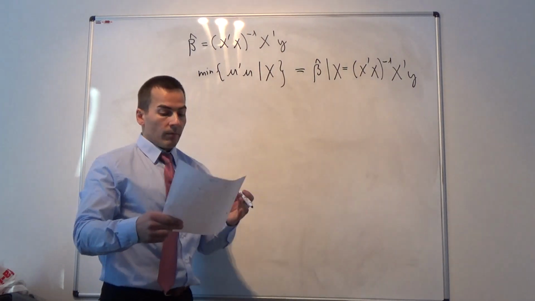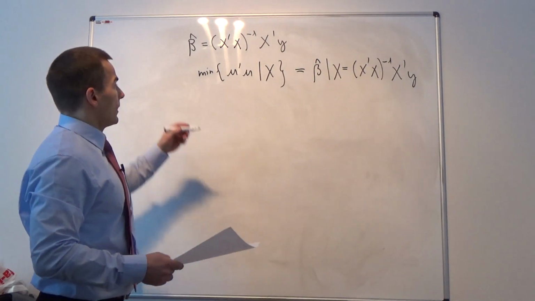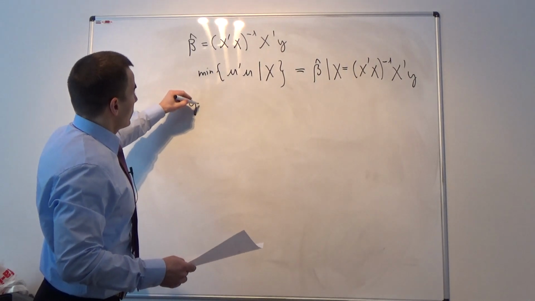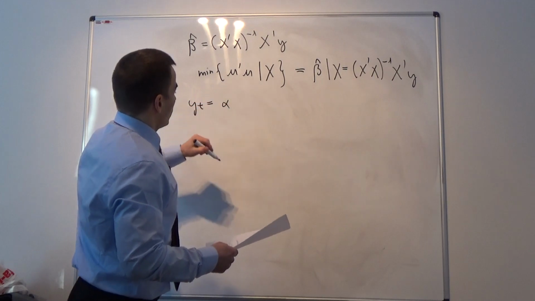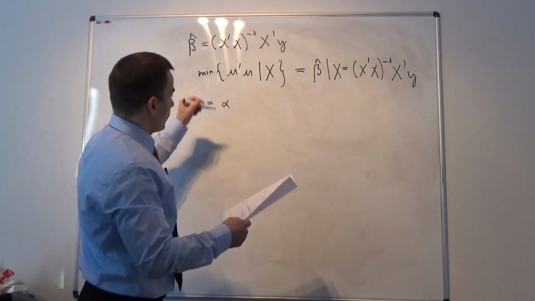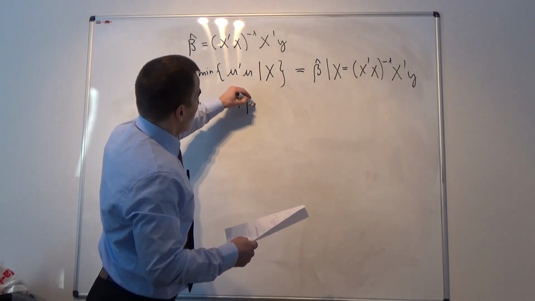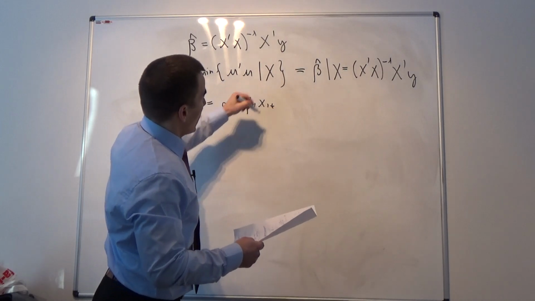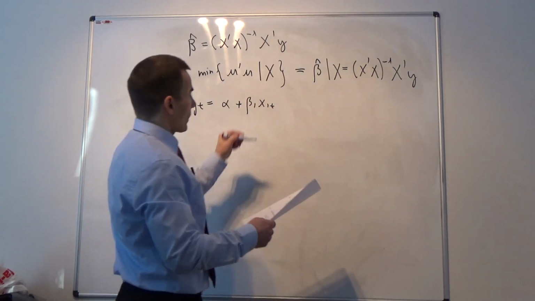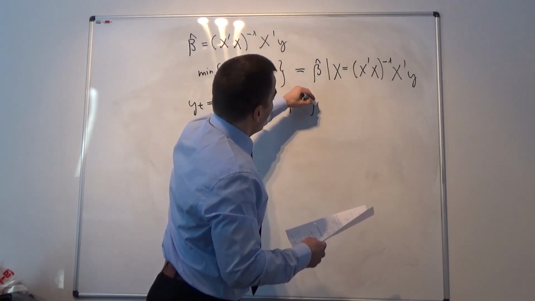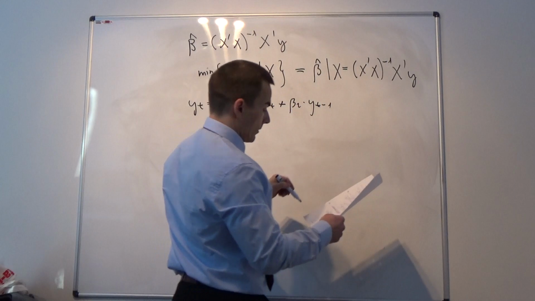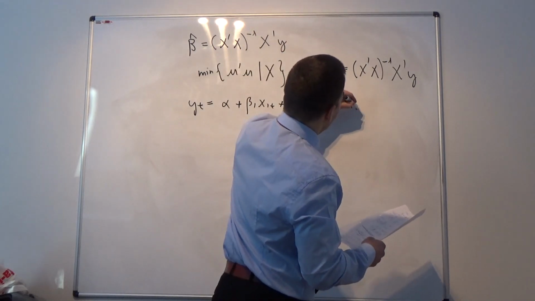But it could be a problem if we have a dynamic model. For instance, let's say our yt depends on a constant alpha plus beta 1 times x1t plus beta 2 times yt minus 1 plus ut.